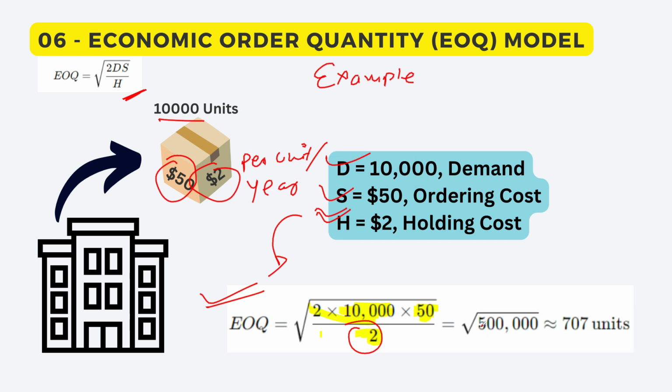So this comes to 707 units. This means the company should order 707 units each time to minimize total cost.